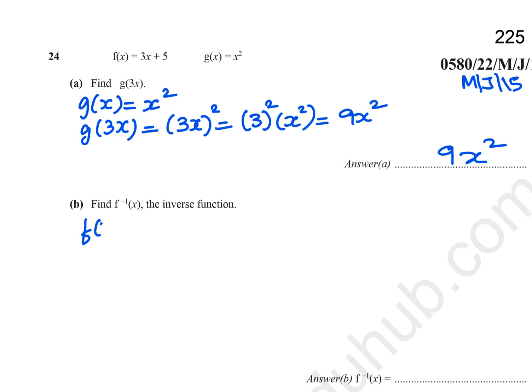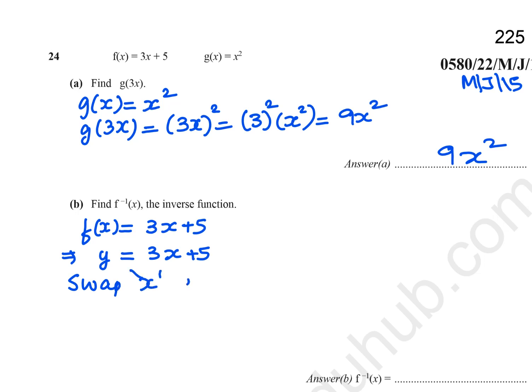So before you do that, write f x equals 3x plus 5. So that means it is y equals 3x plus 5. And to find the inverse, you do the same procedure, swap x and y. So what do you get? You get x equals 3y plus 5.